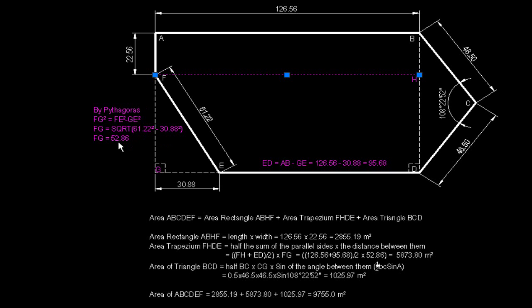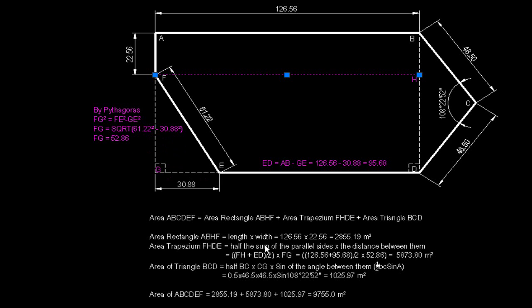So by using Pythagoras, we can say that FG squared is equal to FE, the hypotenuse, squared minus GE squared. And FG obviously equals the square root of 61.22 squared minus 30.88 squared, and that equals 52.86.